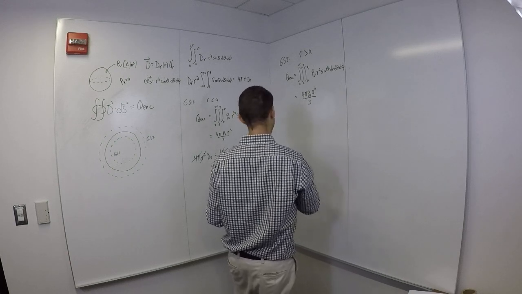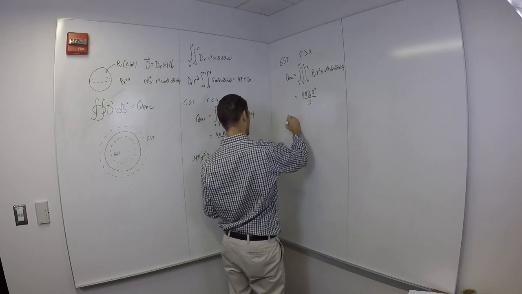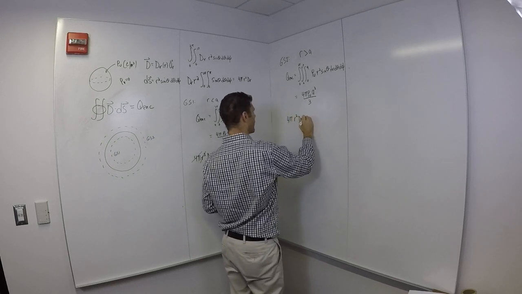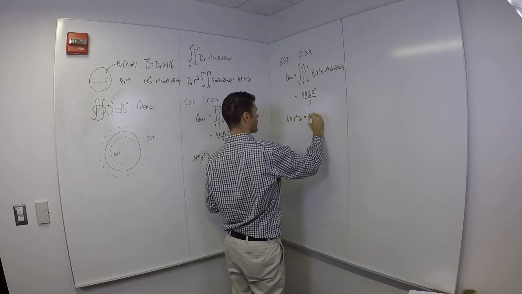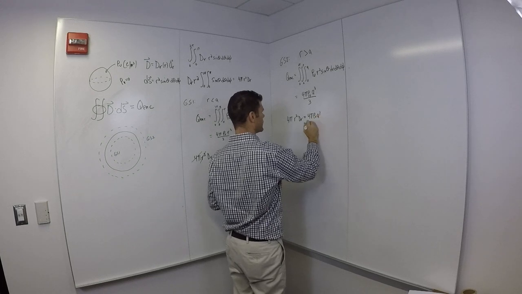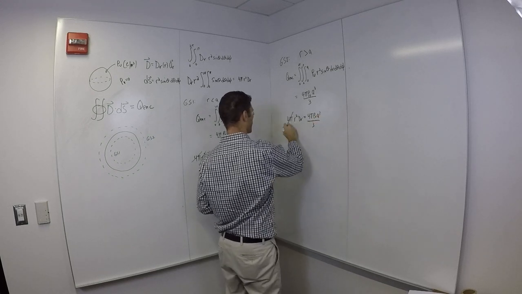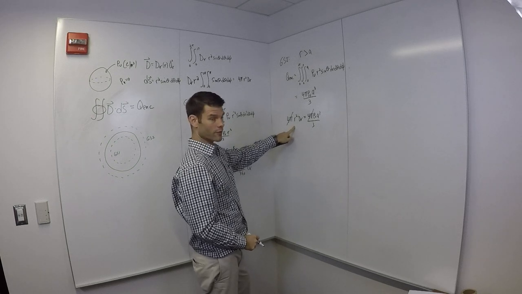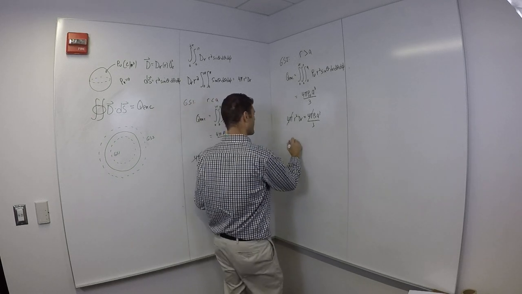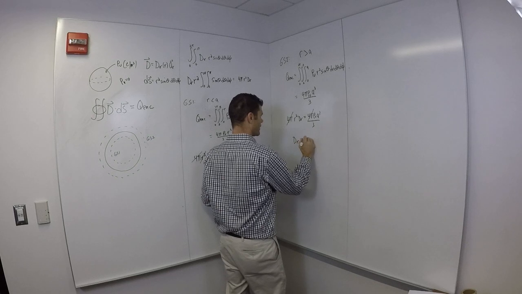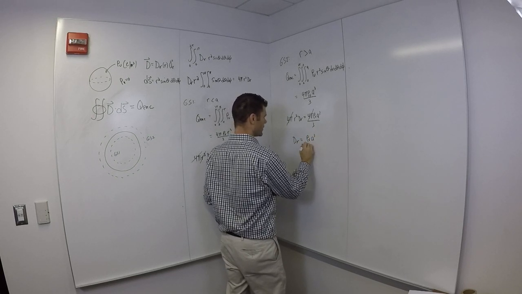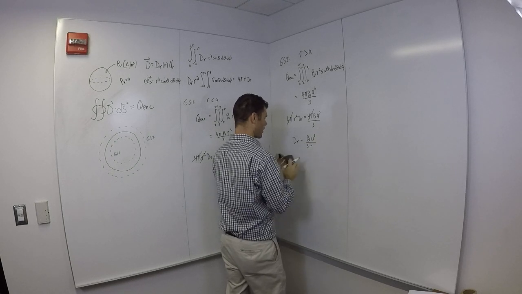Setting the left-hand side and the right-hand side equal, we get 4 pi r squared dr equal to 4 pi rho sub v a cubed over 3. These 4 pi's cancel out. This time the r squared does not cancel out, it divides to the other side. So dr is equal to rho sub v a cubed divided by 3 r squared.